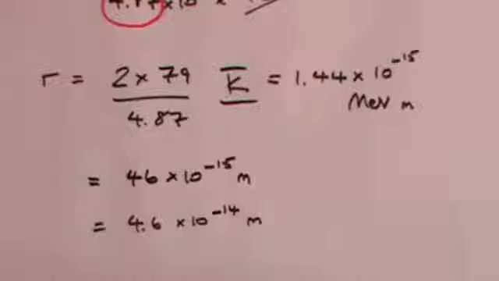When it comes to a stop, according to this formula, the alpha particle is 4.6 times 10 to the minus 14 meters away from the center of the nucleus. Well, that's not necessarily the radius, but it gives us a flavour of how small the nucleus is. 10 to the minus 14 meters, according to this, which is 1/100 million millionth of a meter.